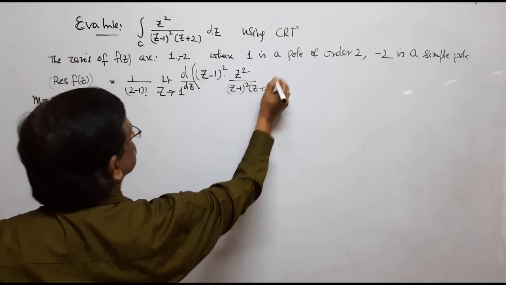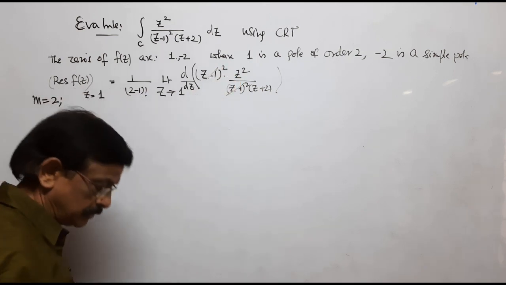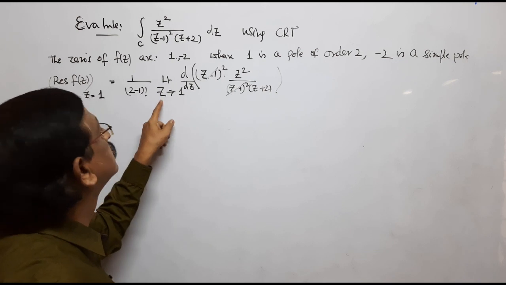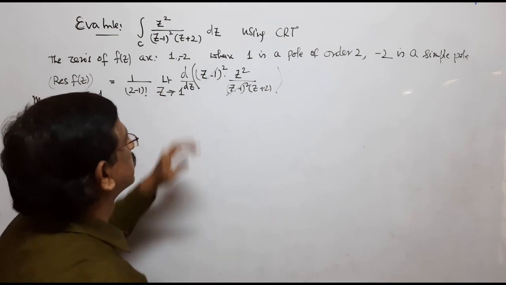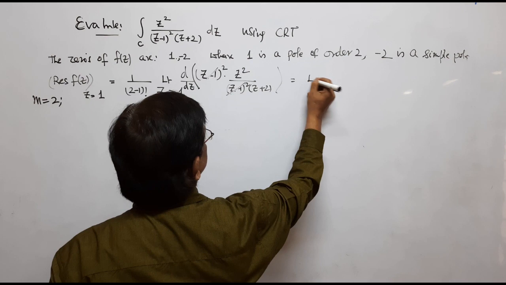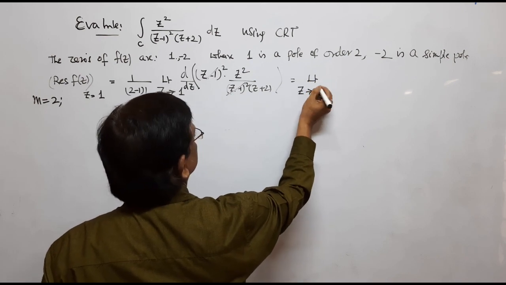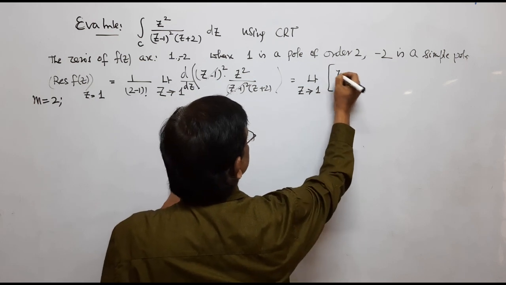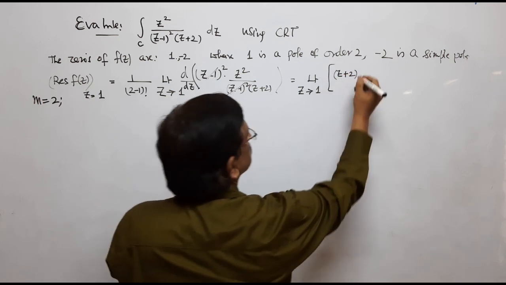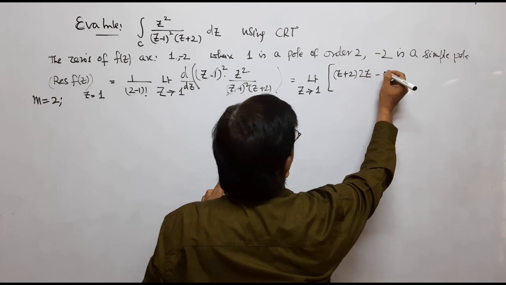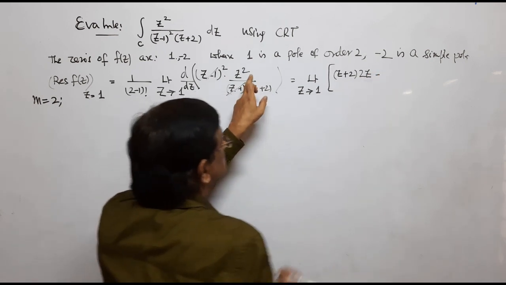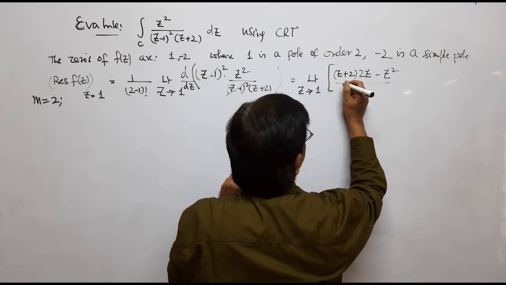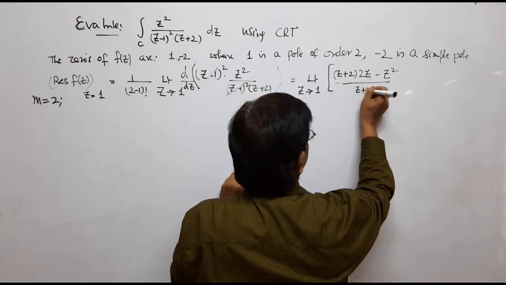The only technique is all the time we have to remove the factor which goes to 0. z tending to 1, so z minus 1 tends to 0. So that factor has to go out. This is limit z tending to 1. Now the derivative of this function is z plus 2 into derivative of z square, which is 2z, minus z square into derivative of z plus 2, which is 1, by z plus 2 whole square.